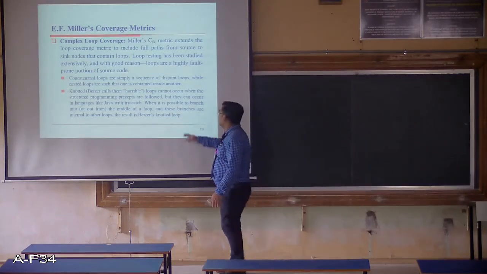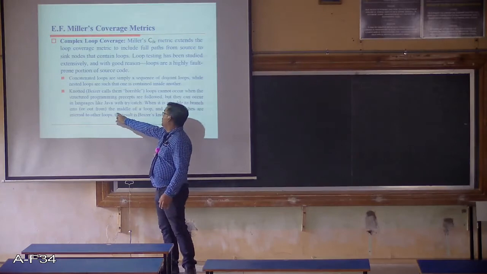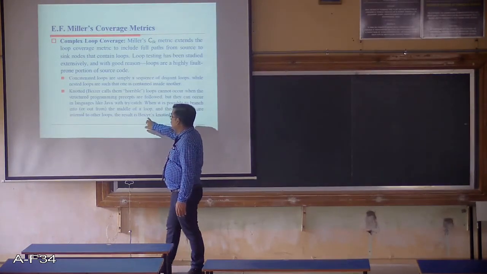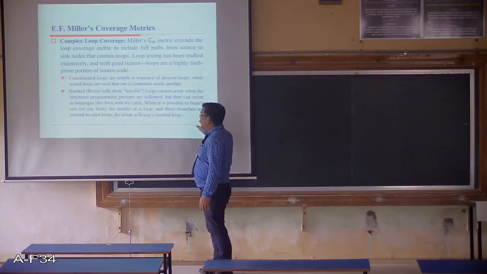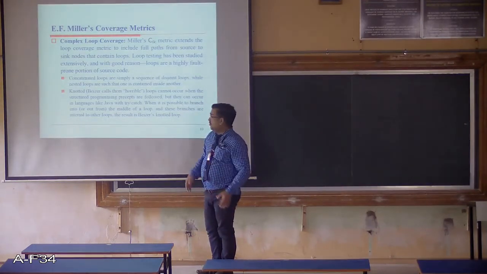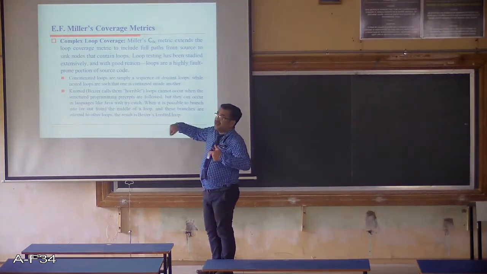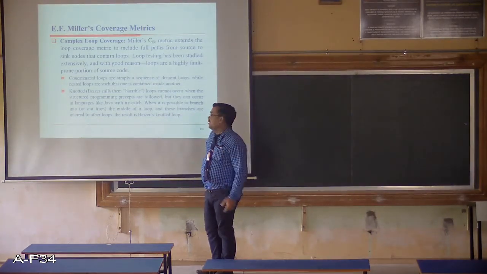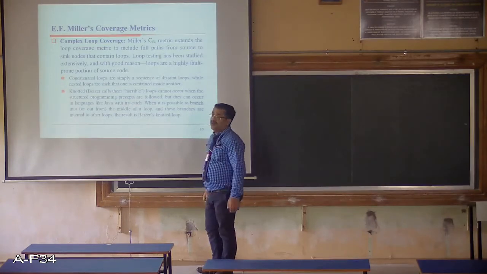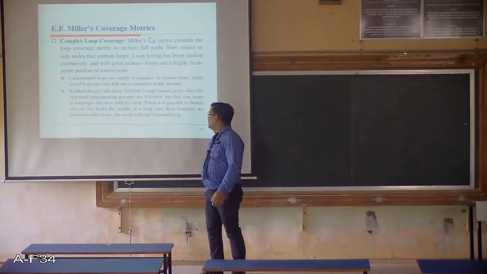That is, when it's possible to branch into the middle of a loop, and these branches are internal to the other loops. So when you jump from outside to the middle of some loops, the main loops or internal loops, such conditions can occur. That is called Beizer's knotted loops.